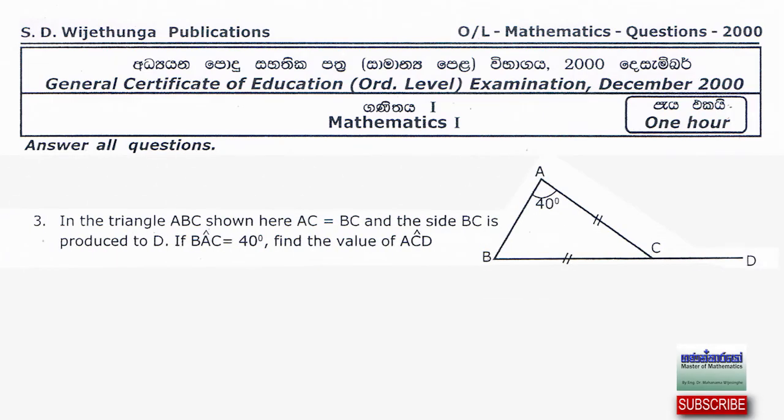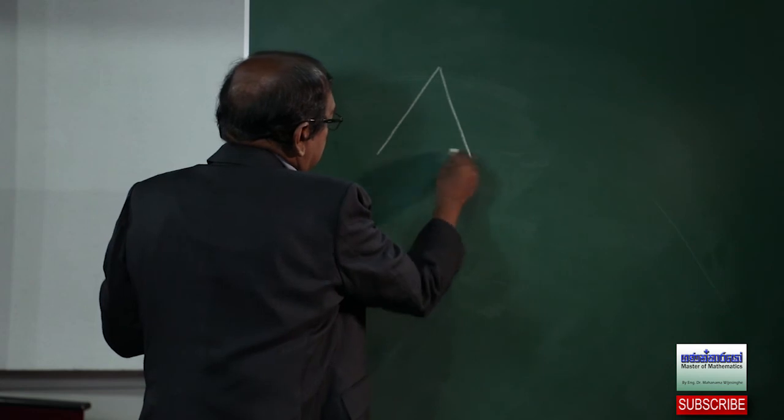Third question. In the triangle ABC shown here, AC equals BC and the side BC is produced to D. If angle BAC is 40 degrees, find the value of angle ACD. The triangle is given.